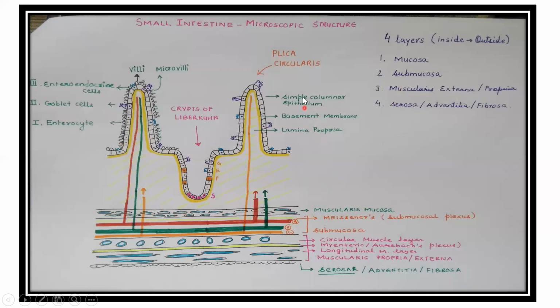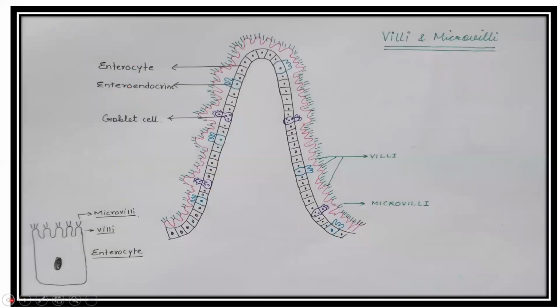So there are four things: simple columnar epithelium, basement membrane, lamina propria, and muscularis mucosa together form the mucosa of the small intestine.